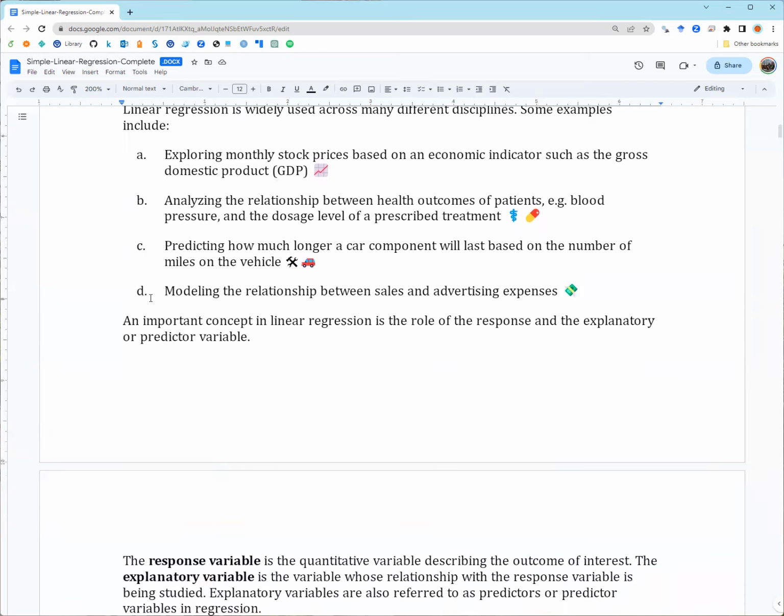If you're working for General Motors or Ford, maybe it would be of interest to predict how long a car component will last until it breaks, given a certain number of miles the vehicle has been driven. And in a business analytics setting, it's common to want to understand the trade-off between advertising expenses and how much you think that will affect sales for the company. Just a few examples, but all kinds of settings in which linear regression is very useful.